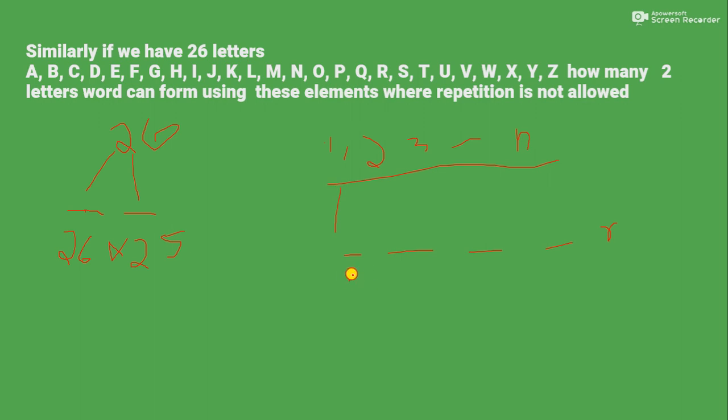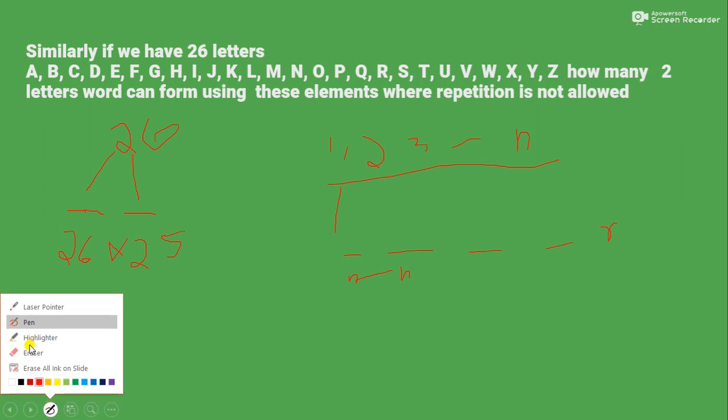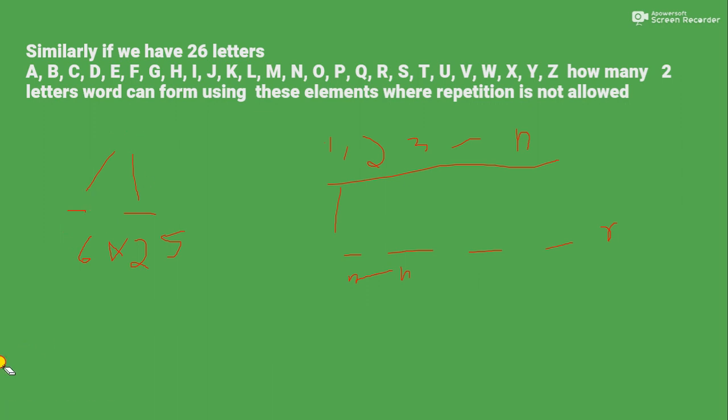Here we have n choices, here n minus 1 choices, and so on. It is very difficult to use the basic principles of counting. So for simplification we have a tool called permutation, and it has a beautiful formula which helps us solve the problem within a few seconds.